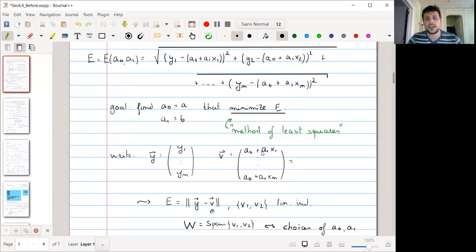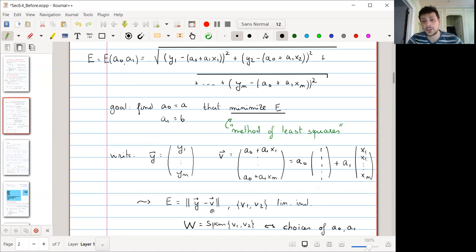It's written as a0 plus a1 x in all of its entries, but I can rewrite it more explicitly like so. Every entry has a0 and then a1 times x1, x2, and so on up until xn. So I'll call these two vectors v1 and v2. Now, it's easy to see that v1 and v2 are linearly independent.